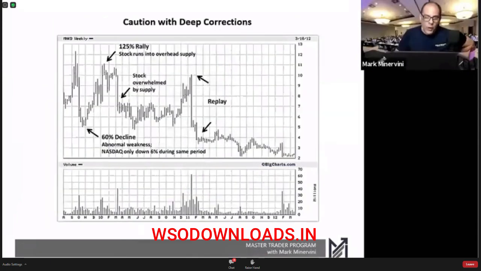Right. Now, we're going to show you something that you don't want to see and that you have to be cautious about. There are a few caveats to this, but you want to be very cautious with extremely deep corrections. If that first correction that's building the base pattern is exceptionally large, and exceptionally large in my book is 60%, 70%, and certainly anything more than 70% is way too large.